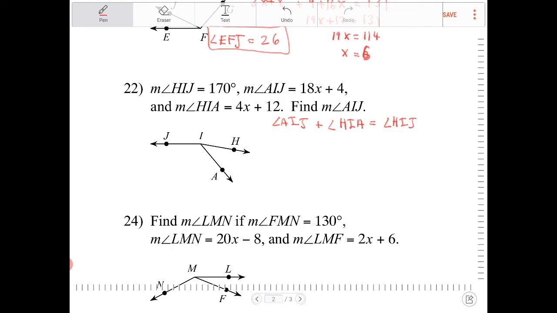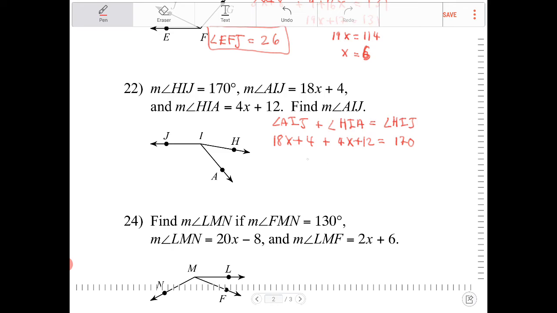So I'm going to make the appropriate substitutions. AIJ is equal to 18x plus 4. HIA is equal to 4x plus 12. And HIJ is equal to 170.